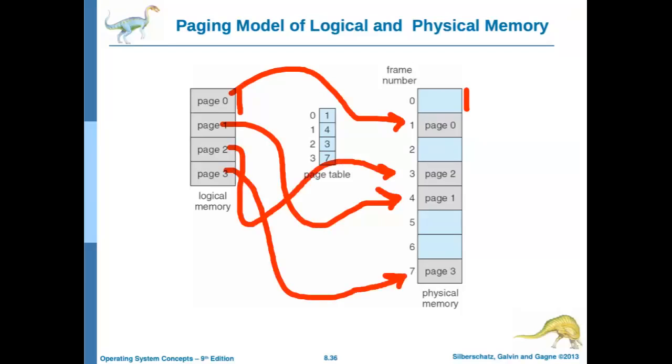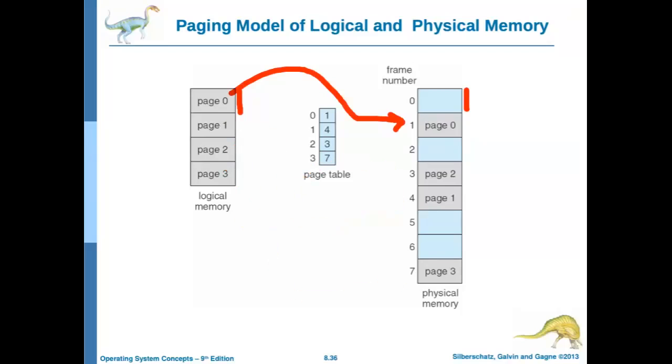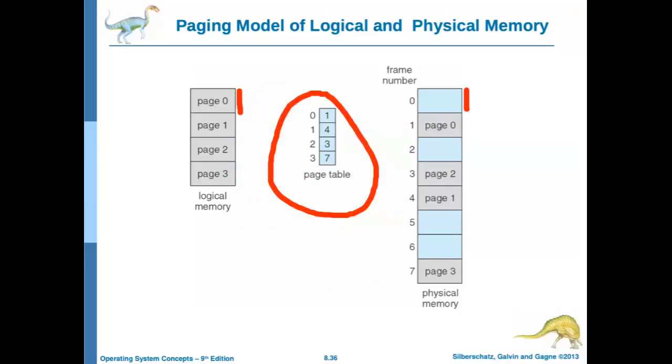This information will be stored in the page table. The meaning is: page 0 is at frame 1, page 1 is at frame 4, page 2 is at frame 3, and page 3 is at frame 7. So this is the page table.